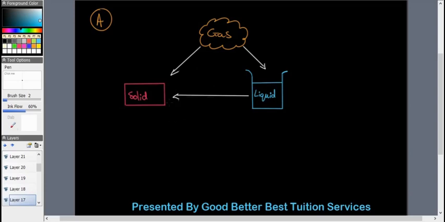So we've got exhibit A, as we see in the corner there, of what happens from a gas to a solid. That would be called deposition. Gas forming into a solid would be deposition. A gas that is forming into a liquid, which any geography students here would know, is condensation. We know what happens with the clouds.